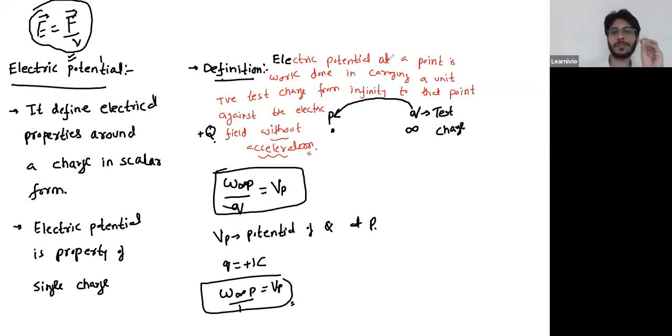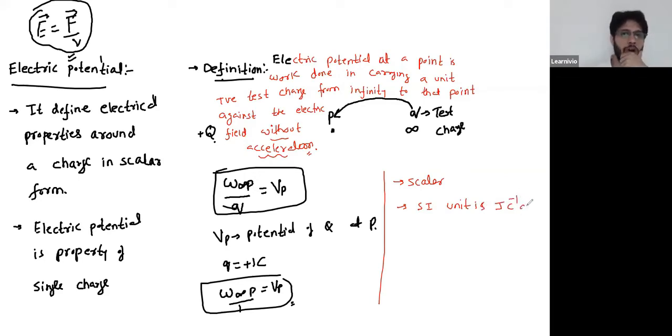You will have to consider the electromagnetic waves as well. Next, since we are connecting potential with work done, this potential is a scalar. It's work done by charge. Its SI unit is joule per coulomb.